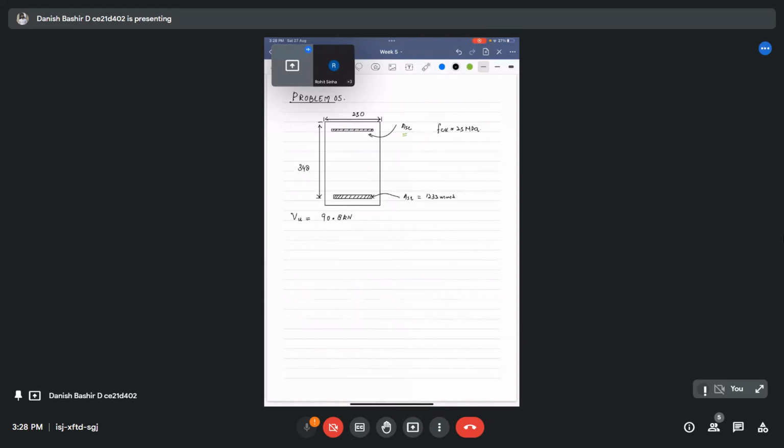For example, if you have a beam like this, supported like this on a column, it has some effective depth D. As per code, we have to take the critical section for the design of our stirrups at a distance D from the face of support.